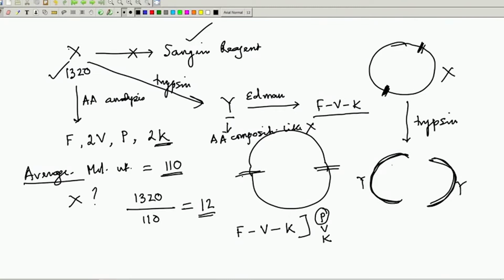If Y is cleaved again by the lysine, there are two lysines present in Y, remember, but you are getting only one cleavage on two sides. If that be the case, then there must be a proline after the lysine, because only if that happens will the other lysine be kept, which can induce cleavage only once.